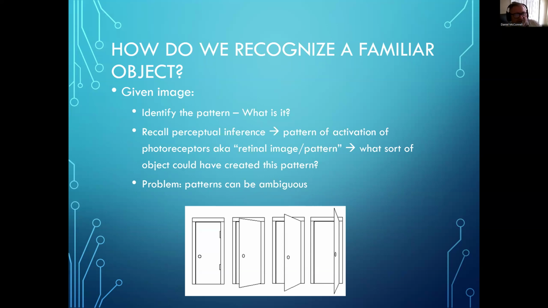Obviously, there is somewhat of a difference, because if I look at a familiar object, I'm going to say, oh, that is a blank, something that I know what it is, and I know its name, and therefore I can refer to it by its name.